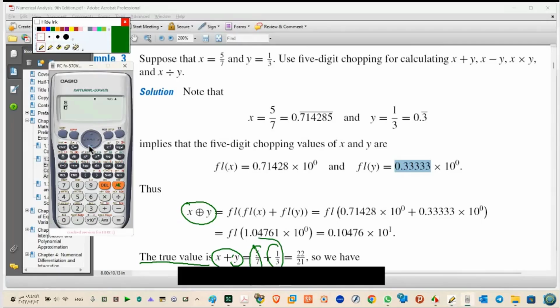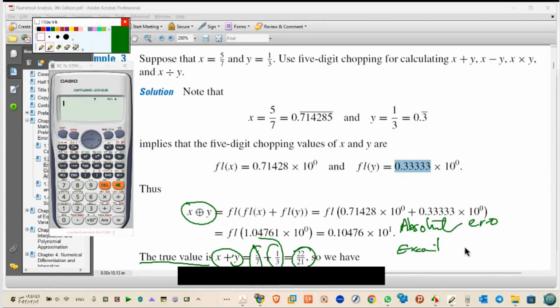Enter the fraction 5 over 7 plus a third in the calculator, like this. It is 22 over 21. Now I need to find the error. The error in this case is the absolute error.